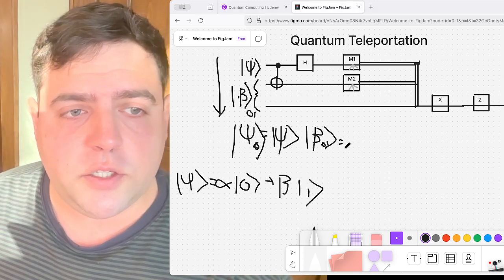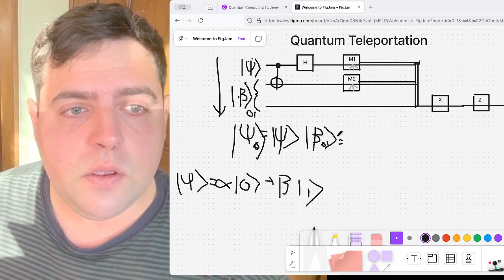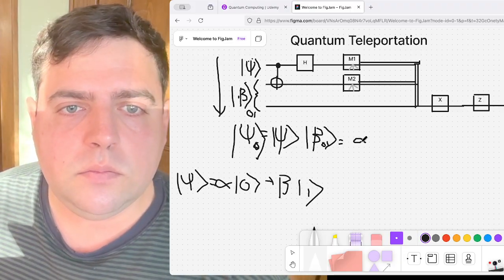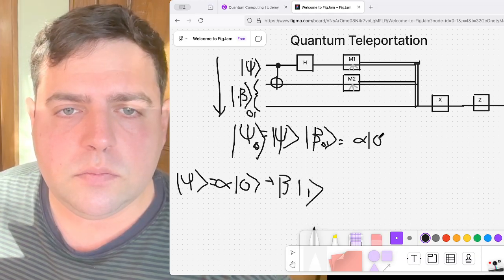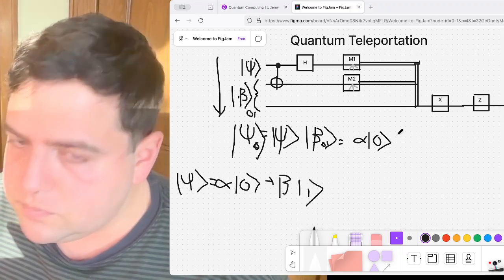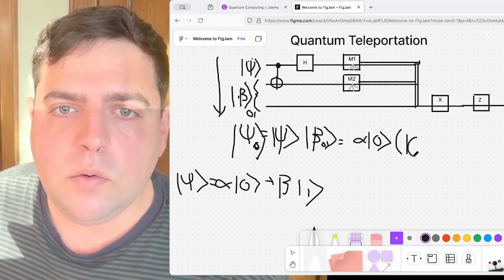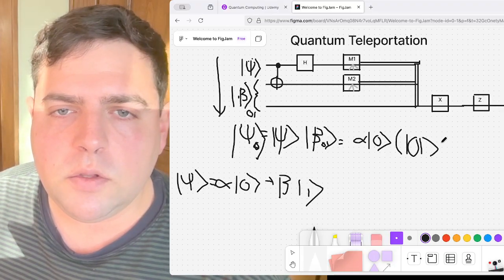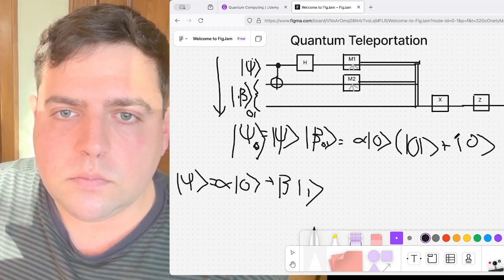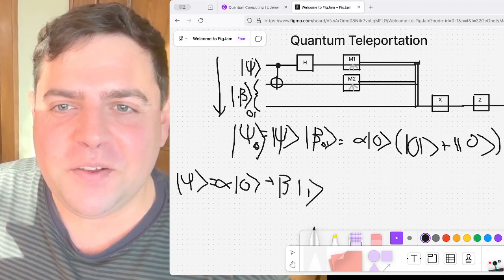So let's tensor product these states together. We're going to have alpha 0 plus beta 1 times the Bell state, 01 plus 10. That's just mnemonic, don't pay any attention to that.